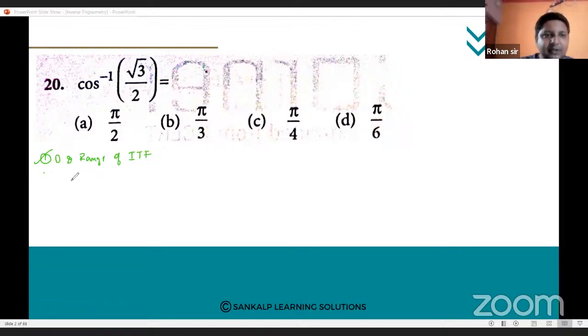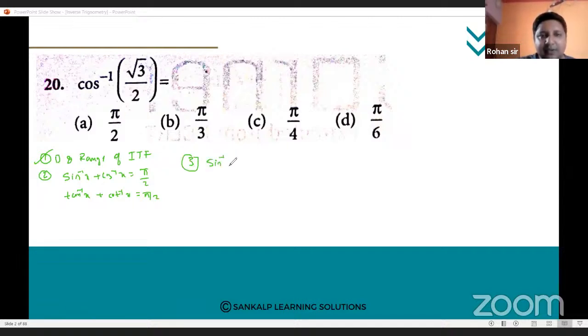Second, the properties: sine inverse x plus cos inverse x is equal to pi by 2. Similarly, we have the result tan inverse x plus cot inverse x is equal to pi by 2, and so on.